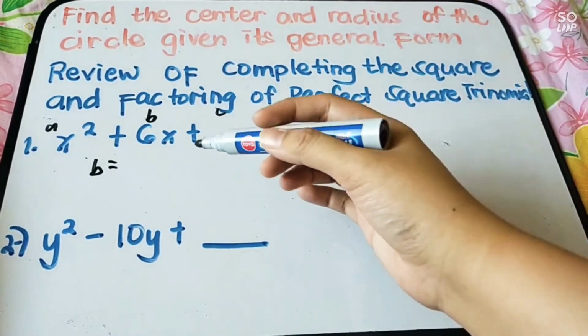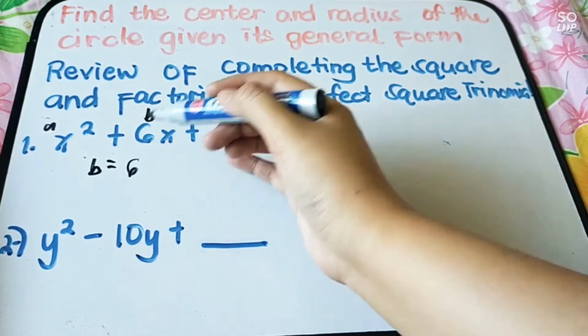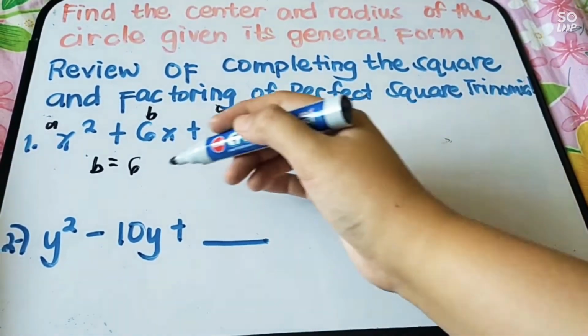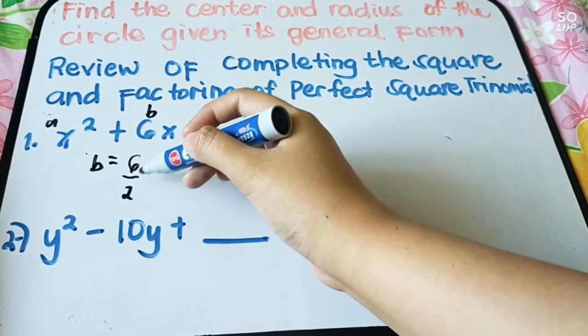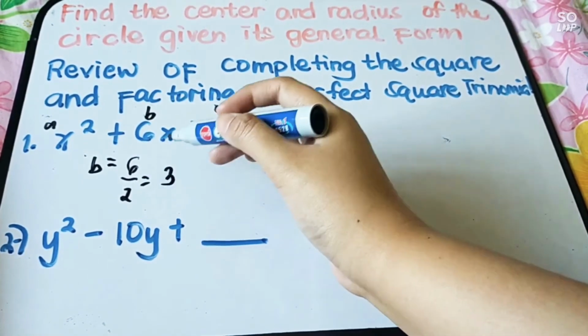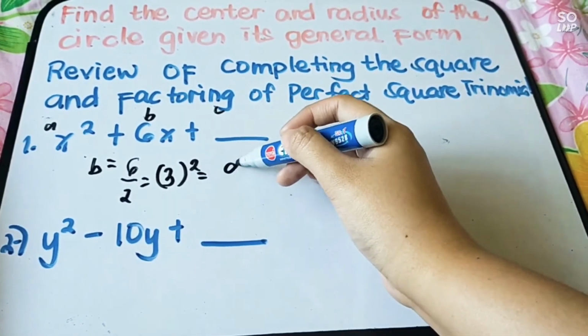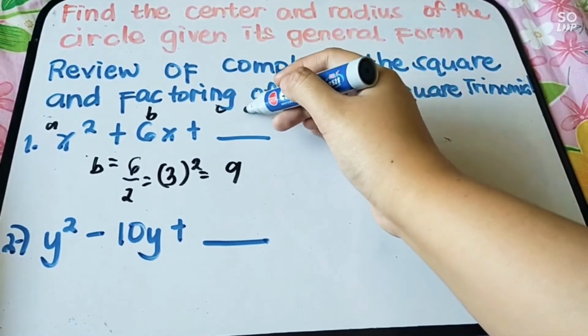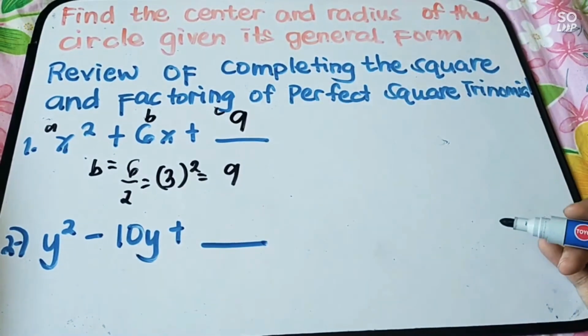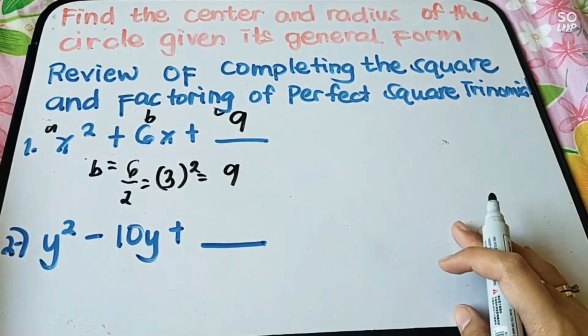Okay? So, let's find b. Our b here is positive 6. Then, divide it by 2. 6 divided by 2, we have 3. Your answer, square it. 3 squared, the answer is 9. So, that is the missing number. So, we have completed your square.